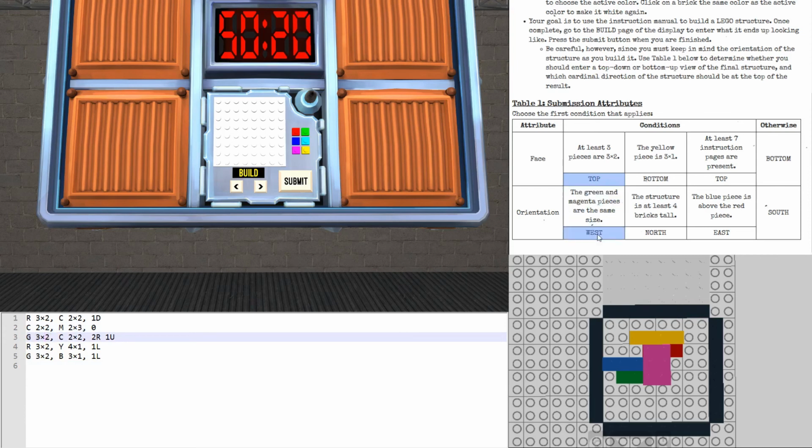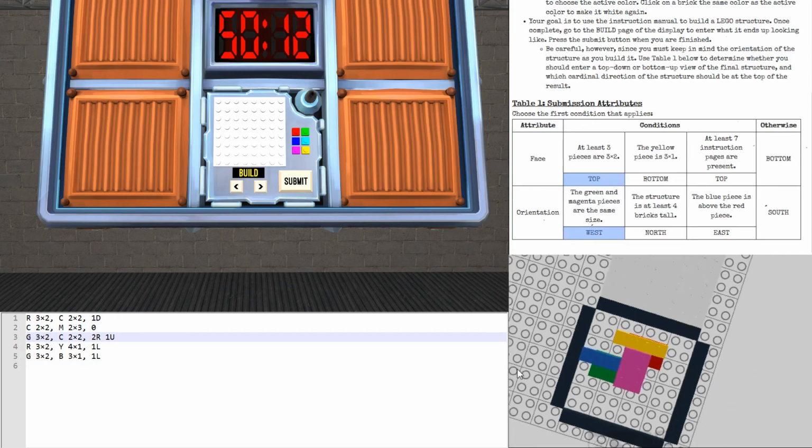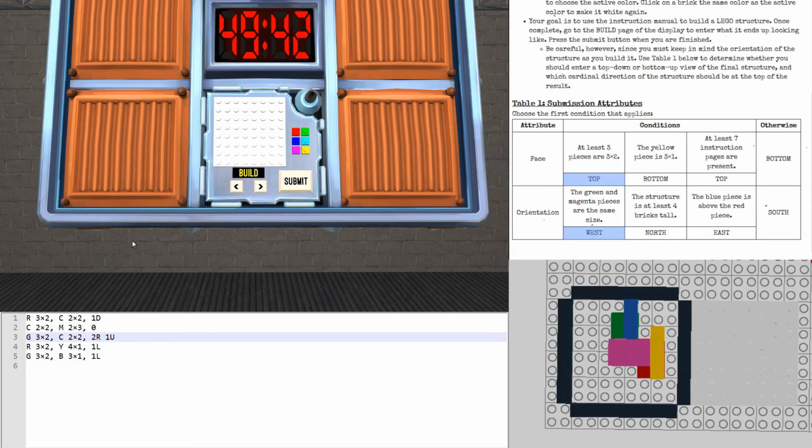So the orientation is west, which means that we need the west side to point up. So we need to rotate it this way. So let's put that answer in. Again, as the expert, you can remove all the blank spaces from the left so that you don't have to say blank quite as often. So you would just say blank, blue, and the diffuser would put that here. Then you have green, blue, so blue, green.